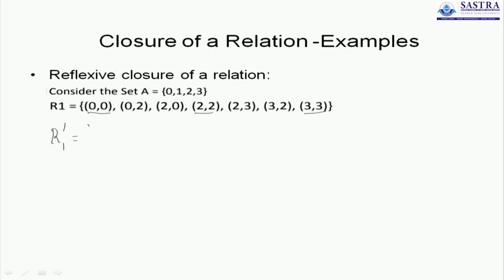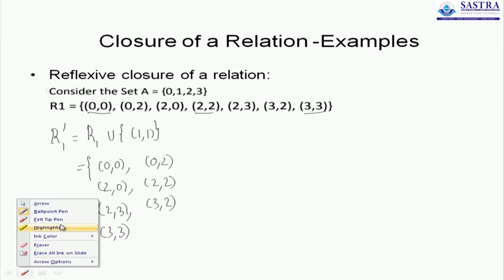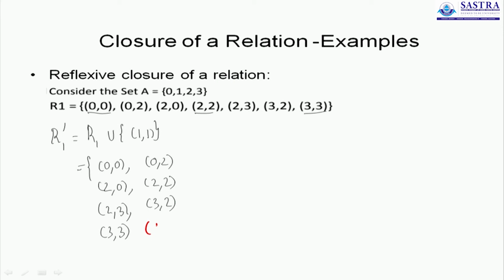R1 dash will be R1 appended with the extra ordered pair which is missing. R1 dash will be 0, 0, 0, 2, 2, 0, 2, 2, 2, 3, 3, 2, 3, 3, and now I will include the newly included pair 1, 1.